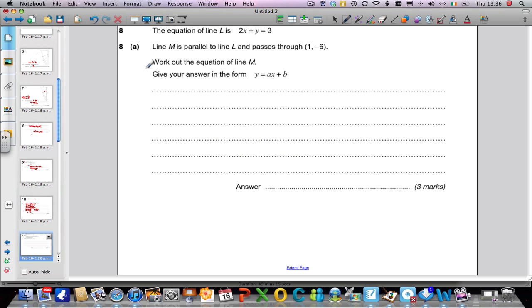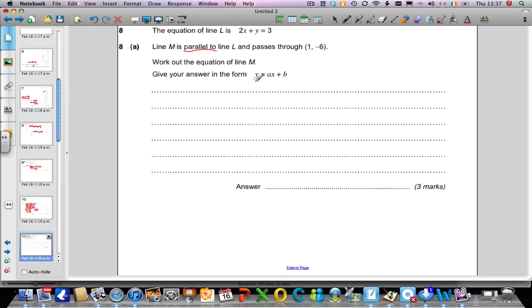Right, question 8. We're told the equation of line L is 2x plus y equals 3. Now, it tells me that line M is parallel to line L and passes through that point. And you're asked to work out the equation of the line M. Right, for starters, I'm going to take this equation and get it in the form y equals ax plus b.